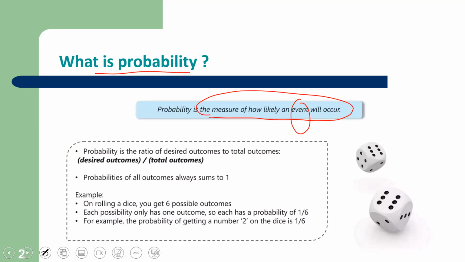What is an event? An event is nothing but an activity, which could be happening or not happening. For example, whether it will rain today or not. What is the chance of raining? What is the chance of a movie hit?